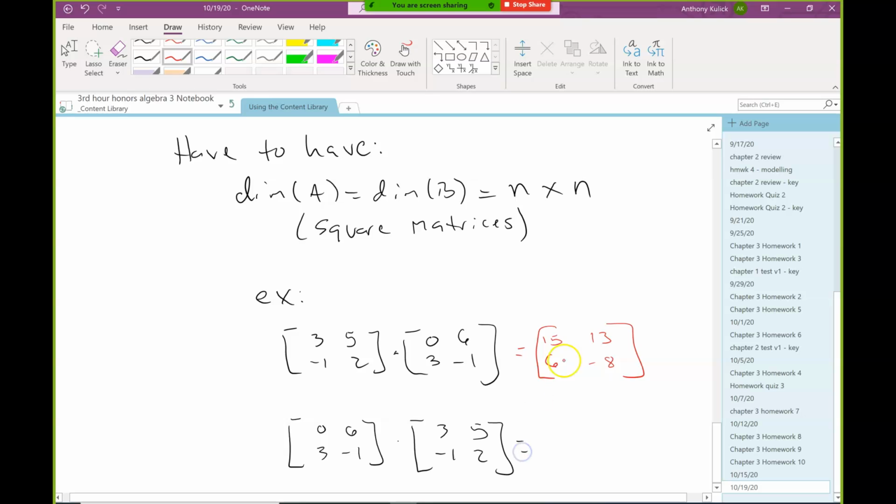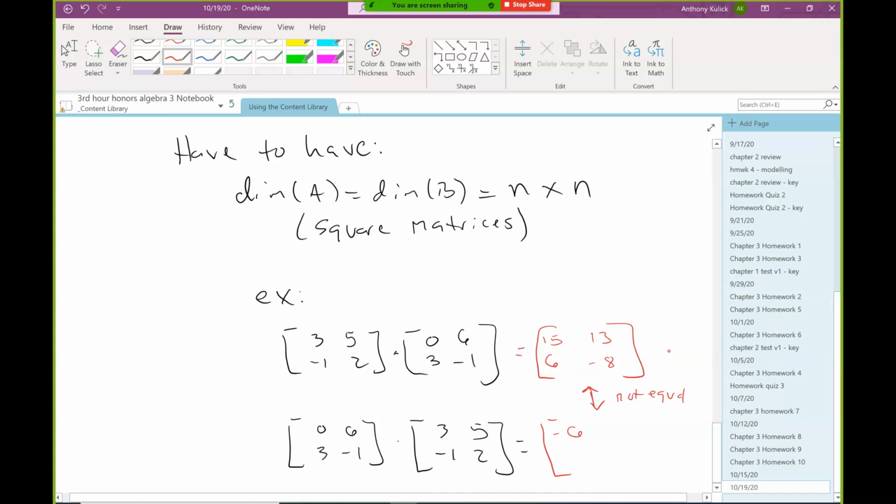So 0, 6, and 3, -1 gives me 0 plus -6, so that's -6. And already we could stop here, right? Because what can we say about these two matrices? Yeah, they're not equal. That's for darn sure right away. Everybody agree with that? So I'm not even going to bother finishing.